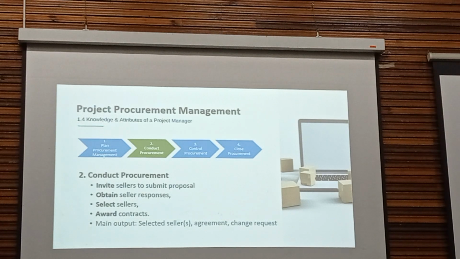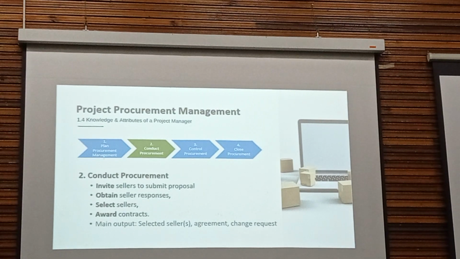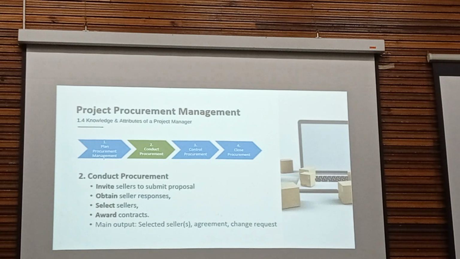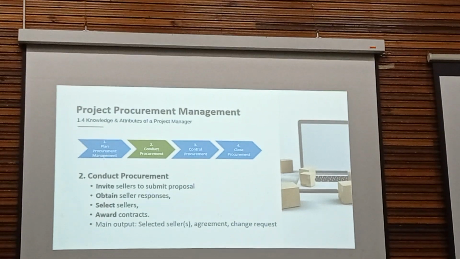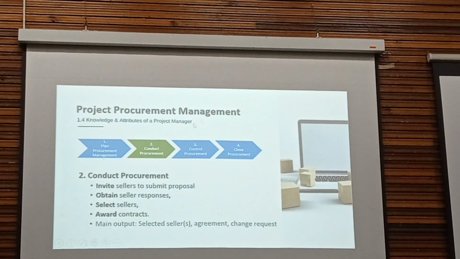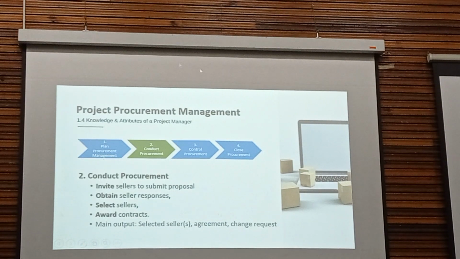If you make the decision yourself without the presence of others, people may later accuse you of making a biased decision, or of getting some kickback from choosing that contractor. So try to avoid being accused of doing something bad. After selection, then award the contract to the contractor.